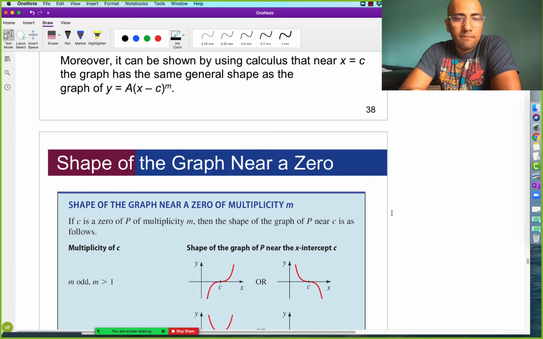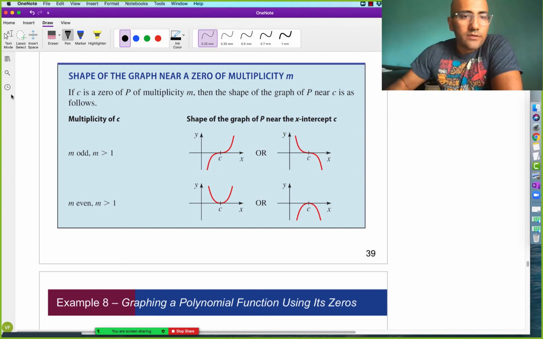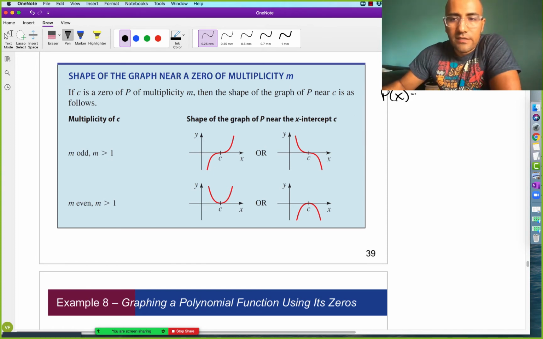Okay, so let's look at this. There's our screenshot that gives us the general rule. If we have a zero of a polynomial with multiplicity m, then the shape of the graph of p near c follows the following rule. So this is saying that if we're given some polynomial, p of x equals some big ugly thing, x to the 6th power, 5x to the 4th power, plus dot, dot, dot, some ugly thing.